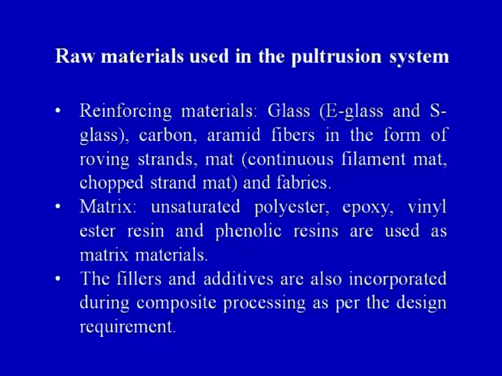Material of the raw material means that the fibers can be of different types. Different types means on your screen you can see you can have glass fibers, you can have carbon fibers, you can have aramid fibers. And now the shape of the reinforcement, you can have it in the form of a roving, you can have it in the form of a mat, or you can have it in the form of a fabric. So these are types of materials which go into the pultrusion process.